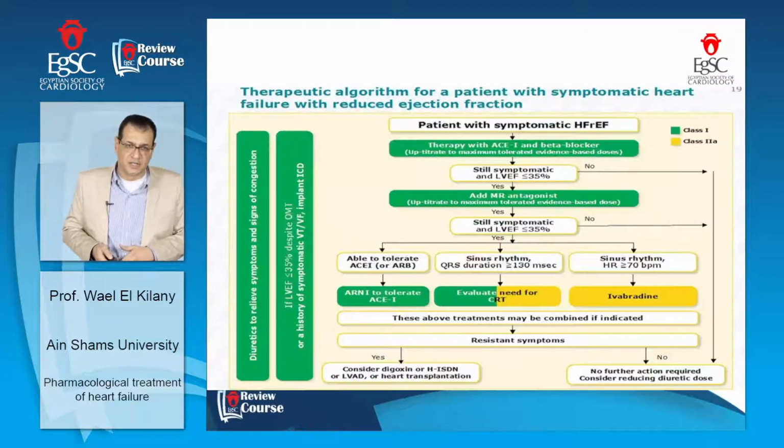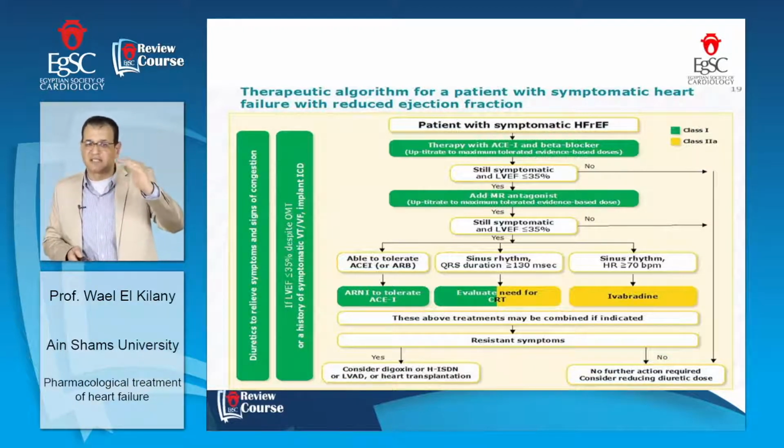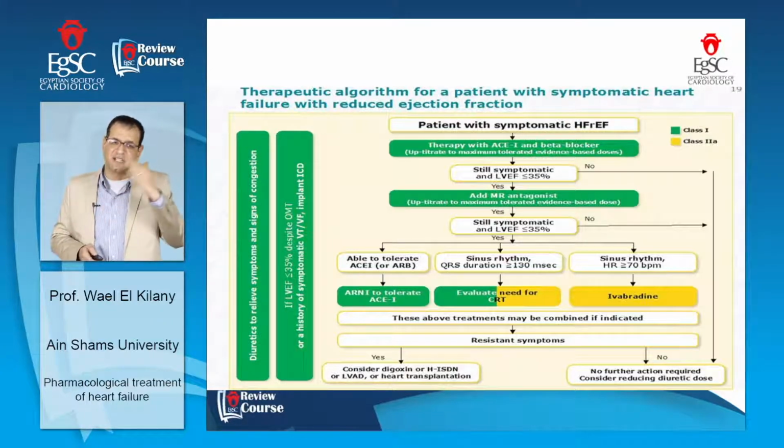This combination is forbidden. Finally, let's summarize. The patient starts with diuretics, and then you give ACE inhibitors and beta blockers. If still symptomatic, you give MRA antagonist. Then if still symptomatic and the patient is in sinus rhythm with heart rate above 70, you give ivabradine. If the patient is still symptomatic and can tolerate ACE or ARBs, you can give ARNI.